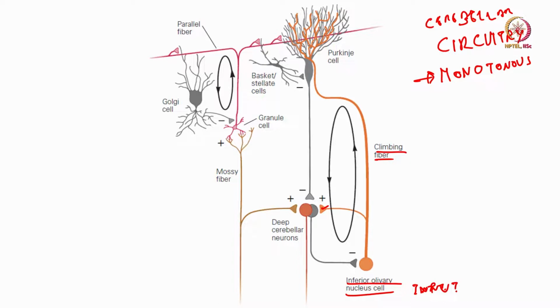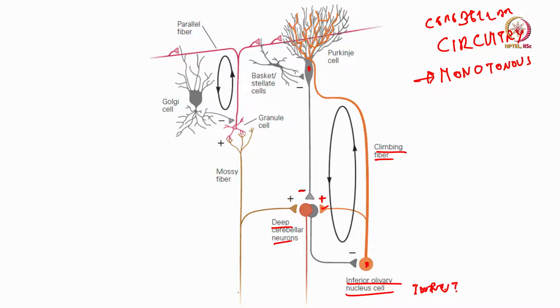Climbing fiber goes to one Purkinje cell, then it modulates that activity and reduces the output of the deep cerebellar neurons, whereas this is positive. So, one single neuron generates a positive and a negative response on the output nucleus.